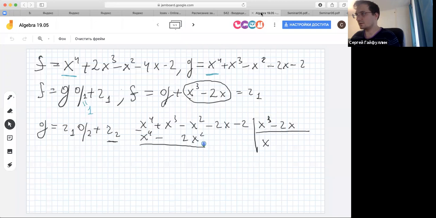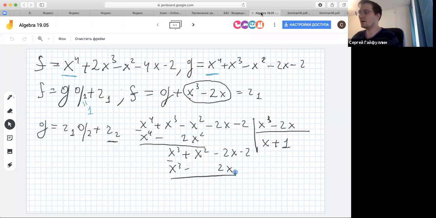Now here is x squared, here is plus x to the third plus x squared, here minus 2x minus 2. And the second term is plus 1, so minus x to the third minus 2x. And the remainder is x squared minus 2.